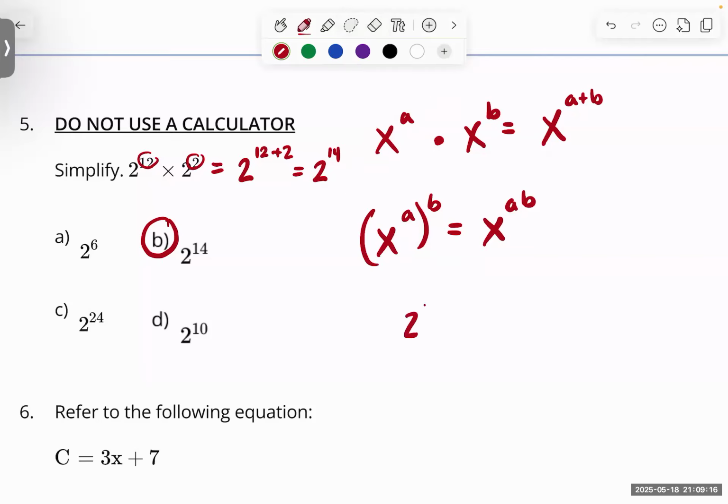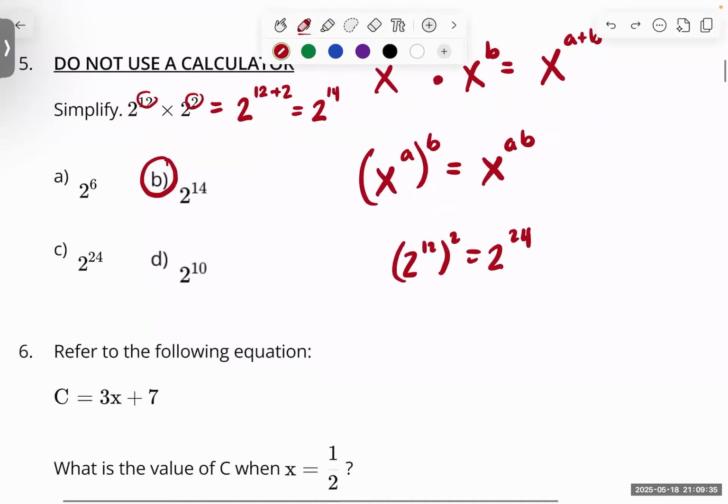So if it was 2 to the power 12 to the power 2, these two are very different from each other. Then that's 2 to the power 24. But that's not what this question is asking. It's asking for this. So these two are not the same. So for this particular question, it's asking for multiplication. It is B.